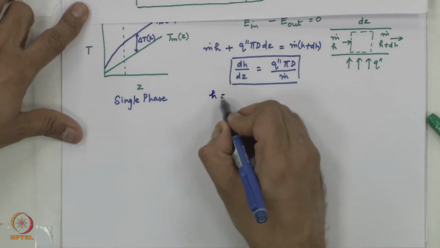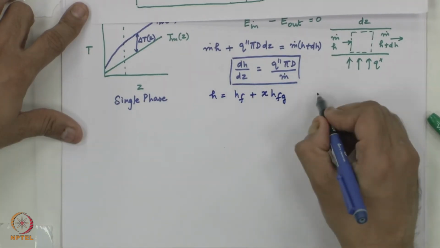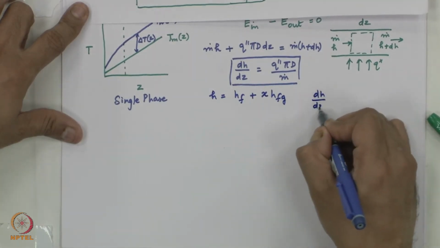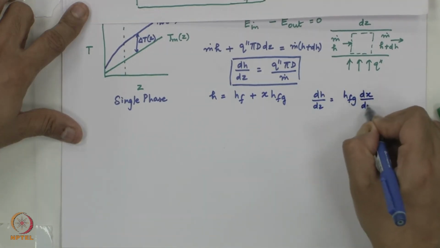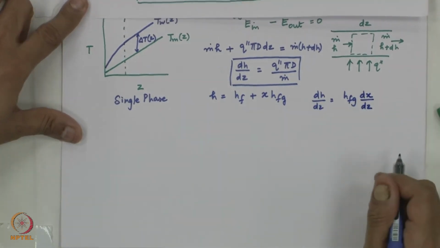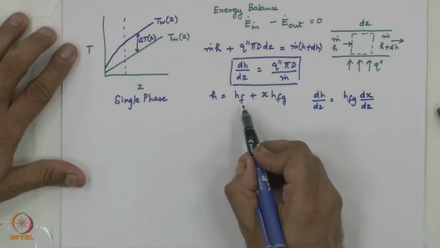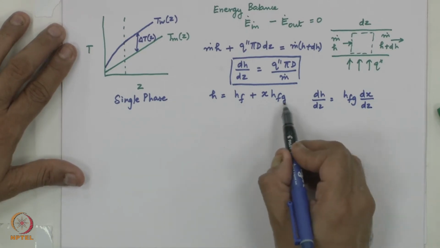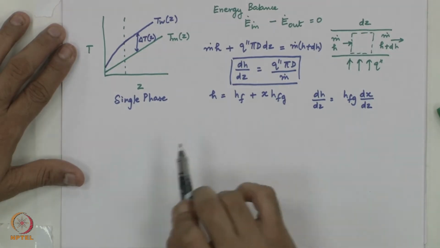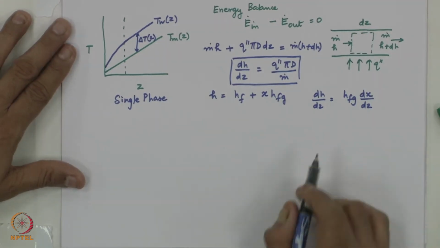We know that H is equal to Hf plus x times Hfg. So, dH by dz is equal to Hfg into dx by dz. This is where the assumption of constant properties becomes very important, because if properties are constant, the derivatives of the saturated liquid enthalpy and of Hfg with respect to z along the flow direction are 0.